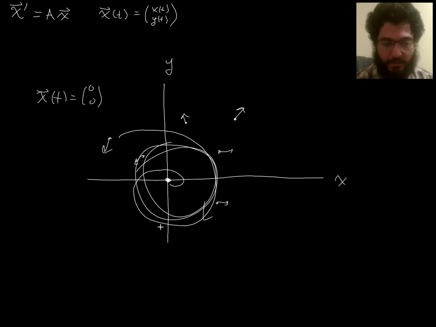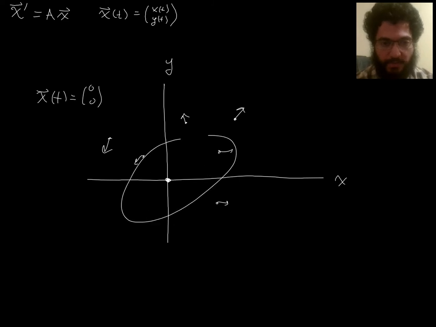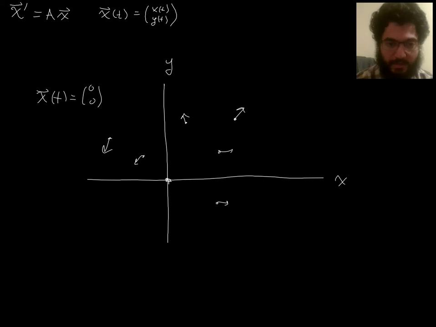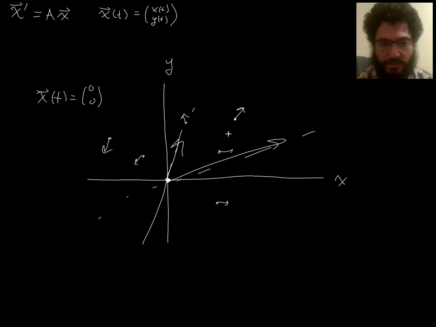Sometimes you get just circular or elliptical orbits around 0, 0. Sometimes you get some eigenvector directions that separate the plane into different regions, and between those regions you get some kind of curved solution trajectories that look a certain way.